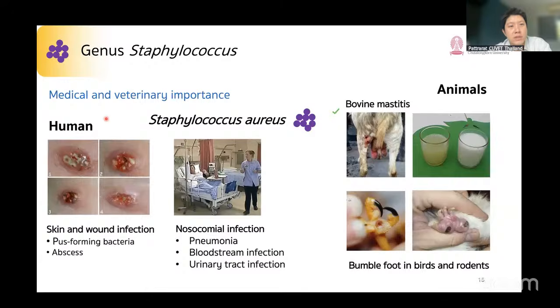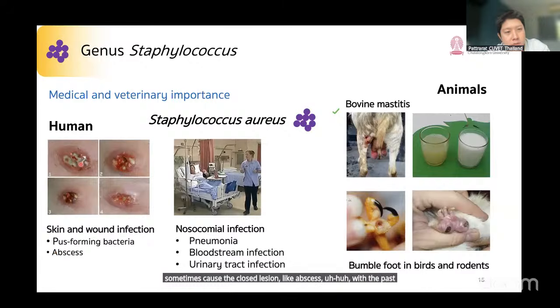For clinical importance, Staphylococcus in humans can cause skin and wound infections and sometimes closed lesions like abscesses with pus inside, because of the accumulation of neutrophils, right?